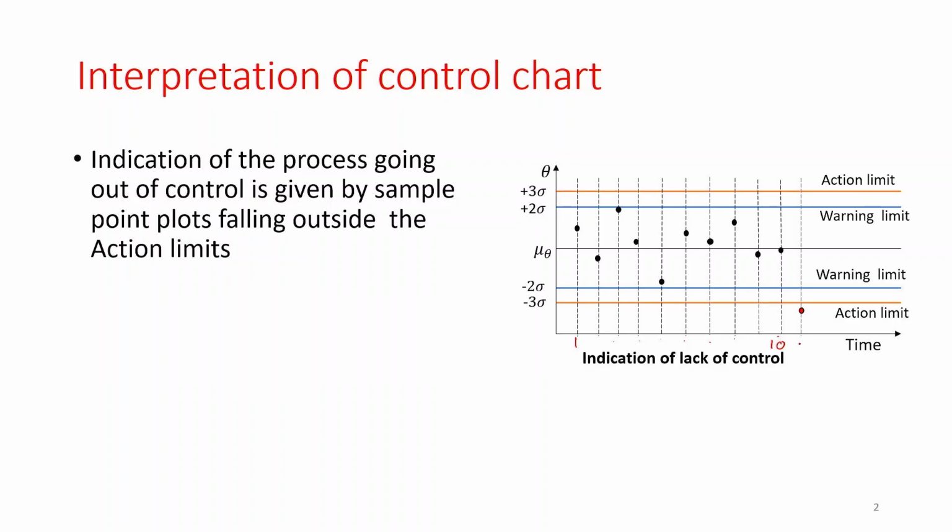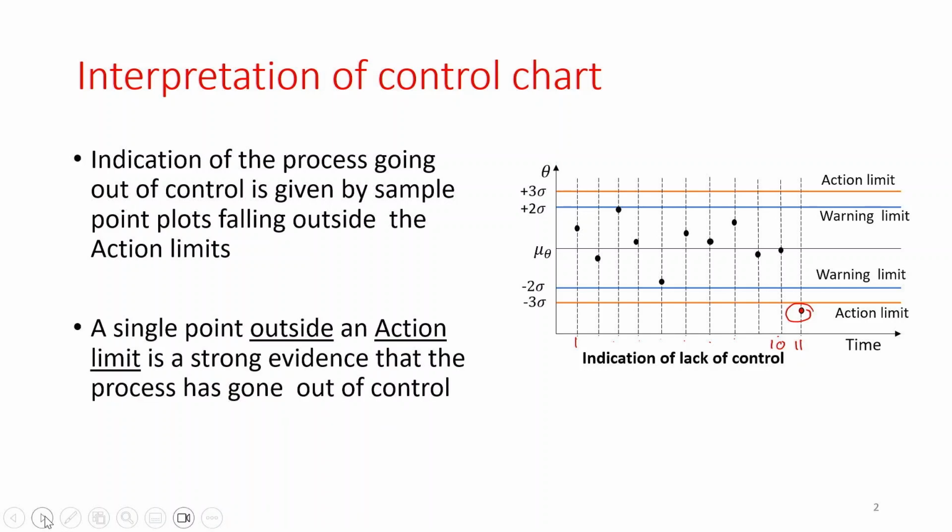On the 11th day, we find a point which has gone beyond the action limit. So that means the process has gone out of control on the 11th day. So a single point outside an action limit is a strong evidence, therefore, that the process has gone out of control.